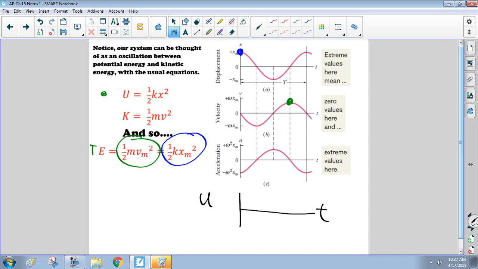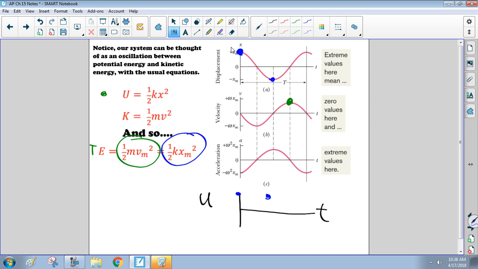At the end points, right? But at both end points, both the positive max and the negative max. So this is a positive max, this is a negative max. So this positive max has to correspond to a positive potential energy. And this one also does, right? You guys see what I did there?